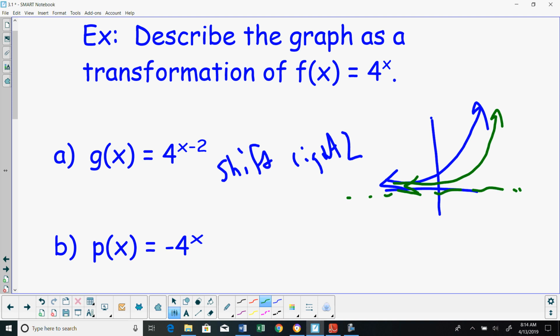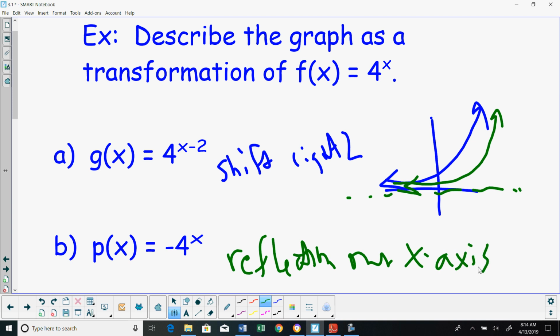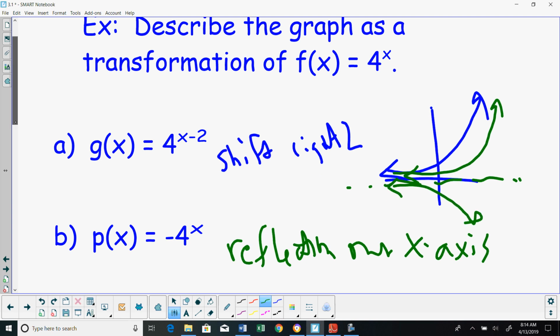This next one, since we're taking the opposite of the whole function, that's a shift, no, I'm sorry, not a shift, take it back. That is a reflection over the x-axis. And if we reflect over the x-axis, then the graph's going to look something like this, but again that's not going to change the horizontal asymptote.